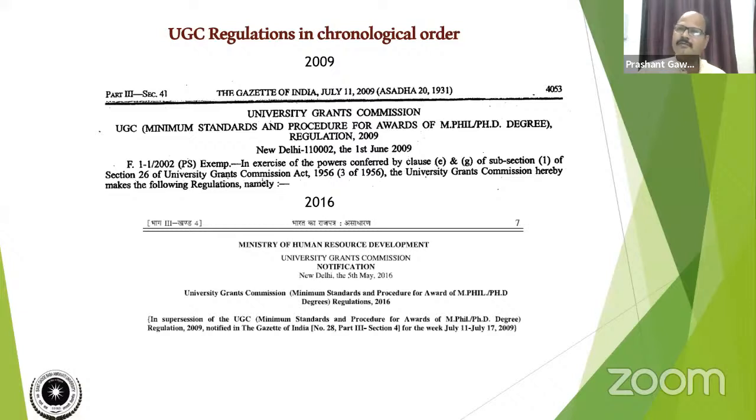Earlier, provisions were incorporated by virtue of notification, and all UGC notifications are mandatory. But every state government had to put forth these directions through its gazette notification, and ultimately they were incorporated in all universities all over India.